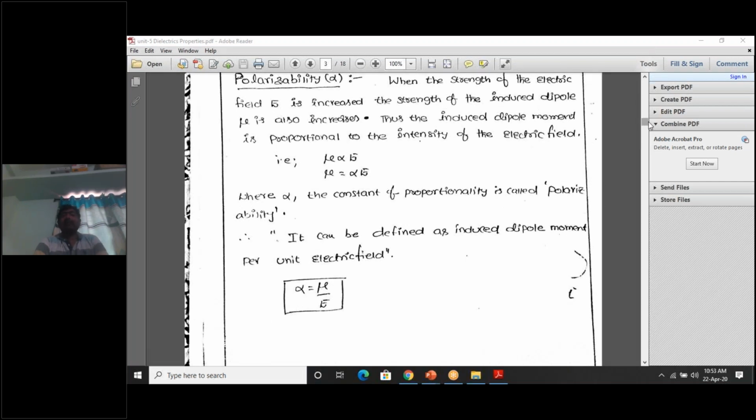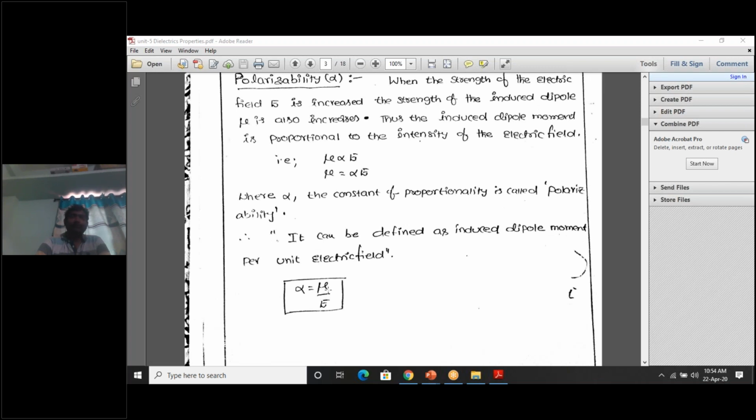Next important questions are these: calculation of electronic polarizability, calculation of ionic polarizability, and orientation polarizability. So the polarizability concept is very important. Remember the definition: mu by E is called polarizability. Mu is the dipole moment, E is the applied electric field or unit electric field.